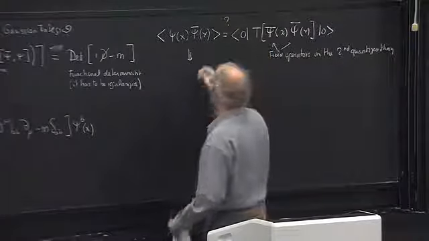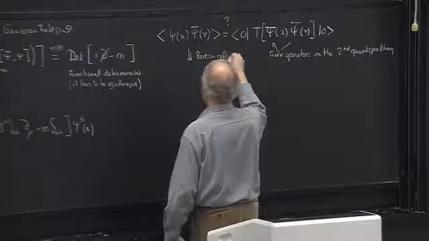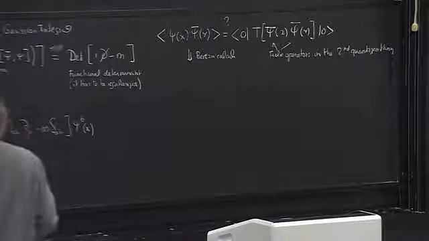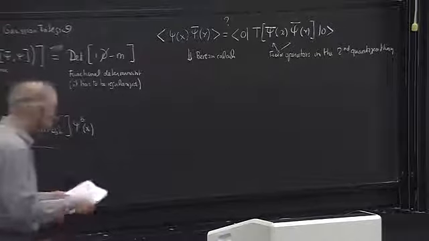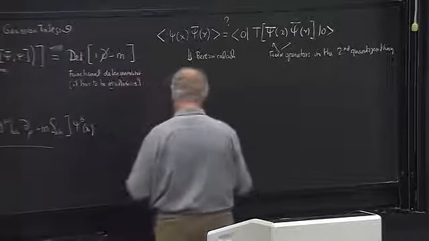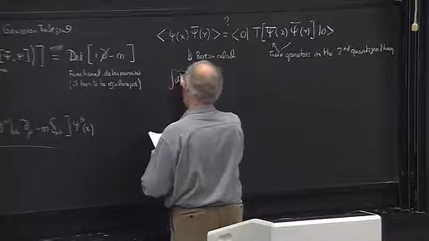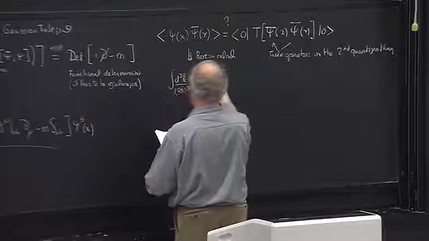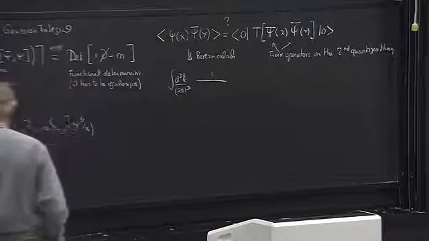But compute this using Berezin calculus. What you find is simply the inverse of this operator, the Dirac operator. And if you do things carefully, in Fourier transform, this is the Fourier transform of I, because there is a factor I here.